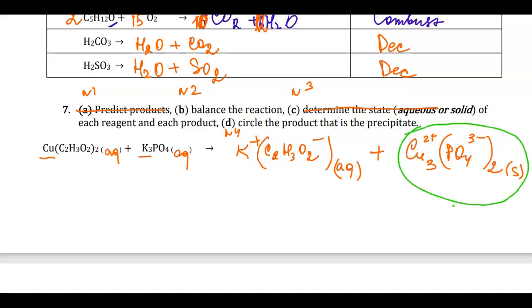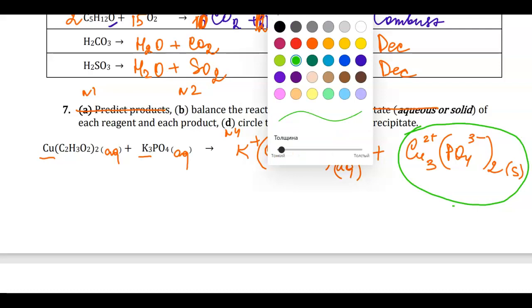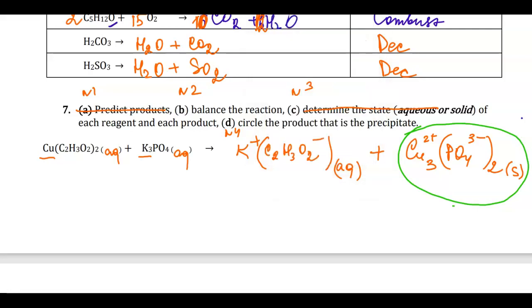And now we need to balance. I will use a different color just to make sure that we don't lose anything here. So copper, 1 copper here, right? And 3 copper here. So I will put 3 copper here, 3, right?